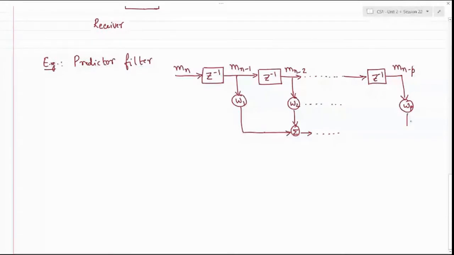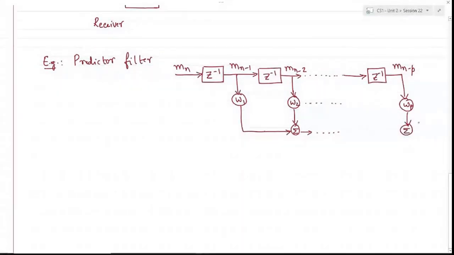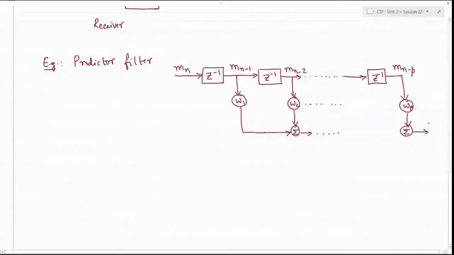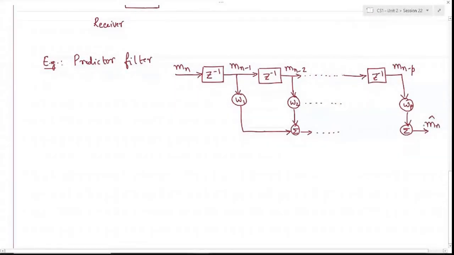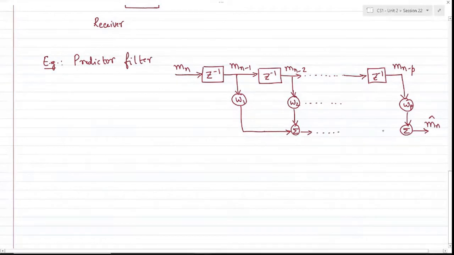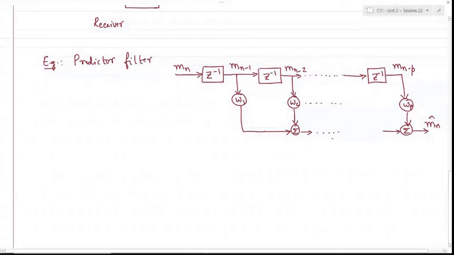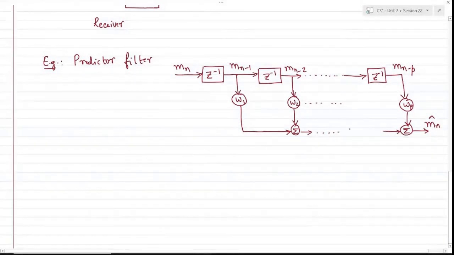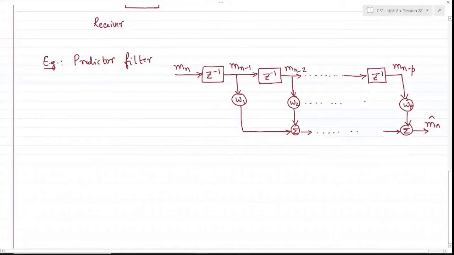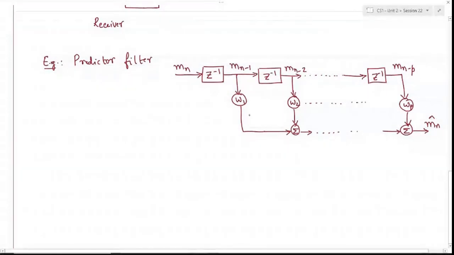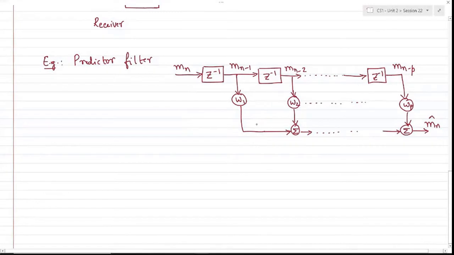Okay. And finally I can sum this and get the predicted message signal Mn cap. Okay, so obviously the incoming is from the previous stage. So I can involve such P stages, or we can say the order of this FIR filter could be P in most of the practical scenarios.